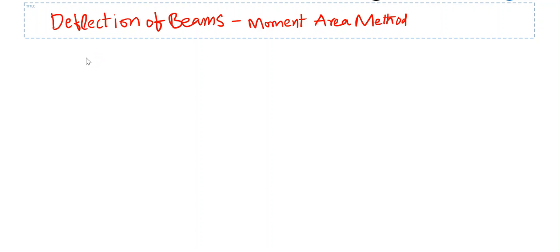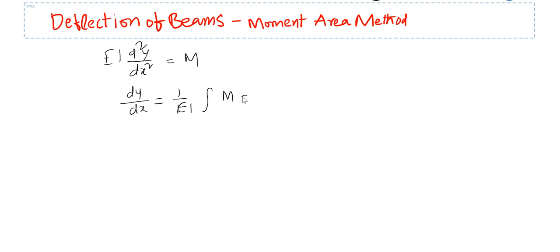From the deflection equation, we know that EI times d square y by dx square is equal to M. If we integrate this equation, we will get dy by dx is equal to 1 by EI times the integral of M dx.